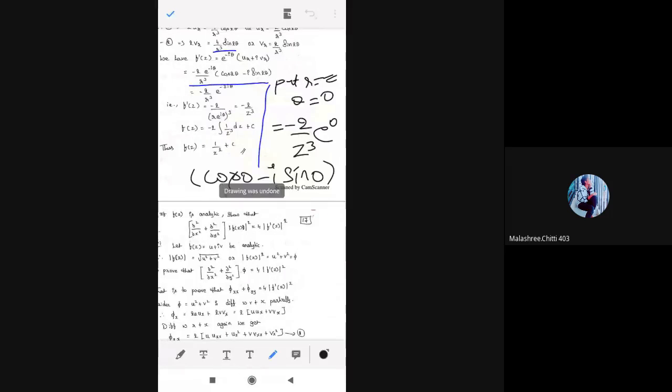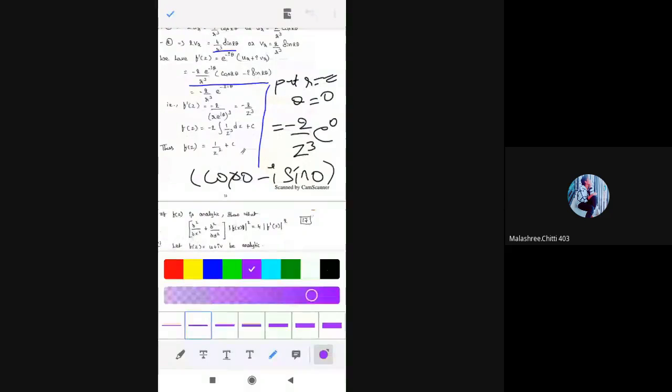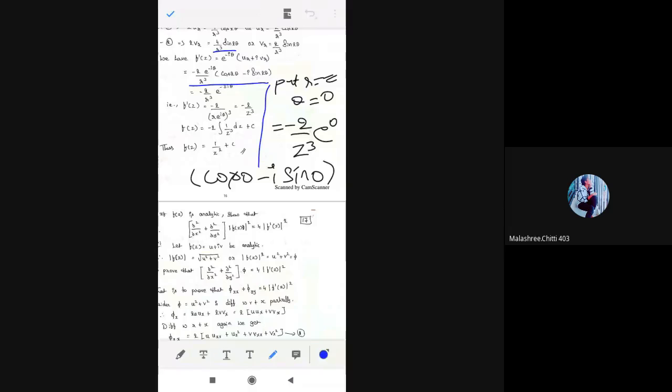So this is how we got that value. Now what we have is minus 2 by z cube as f dash of z. Then what is f of z? When you integrate minus 2 into the integration of 1 by z cube, that is integration of z power minus 3, plus c, with respect to z.